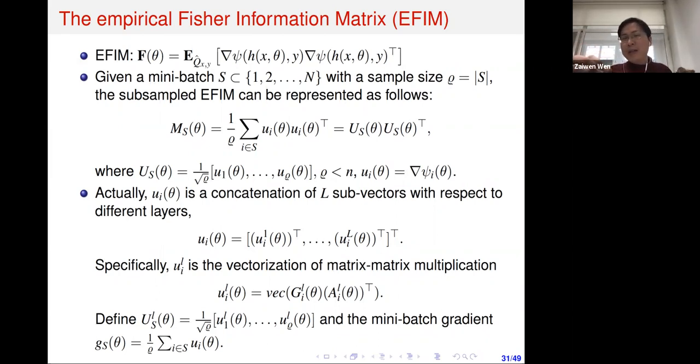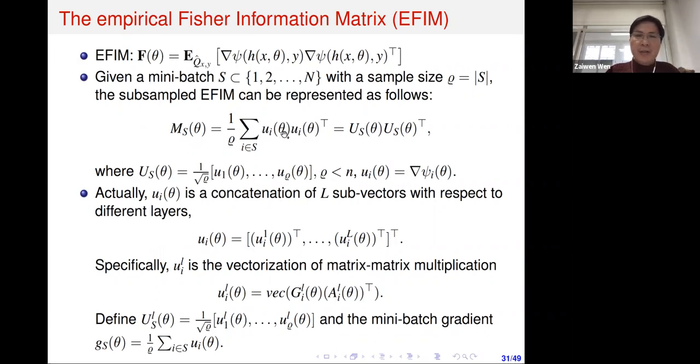So even if you have a Tesla A100, the memory size on a single GPU is quite limited. So the size of this mini batch actually is very small. Therefore, in practice we compute a subsampled version of this empirical covariance matrix.